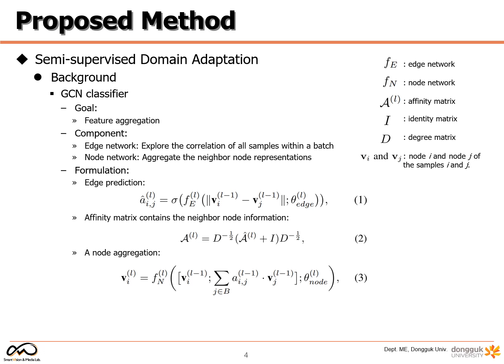As shown in equation 1, the edge network explores the correlation of all samples within a batch to find the neighbors, and the neighbor information of a node is embedded in the affinity matrix as in equation 2. Then the information of the affinity matrix is used for the node network aggregation as in equation 3.